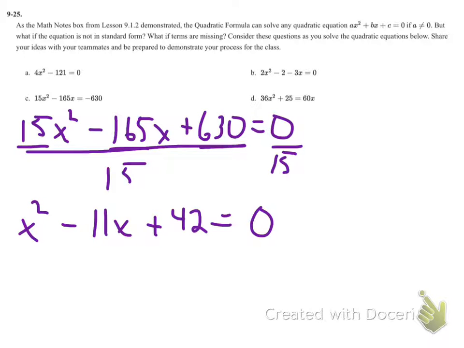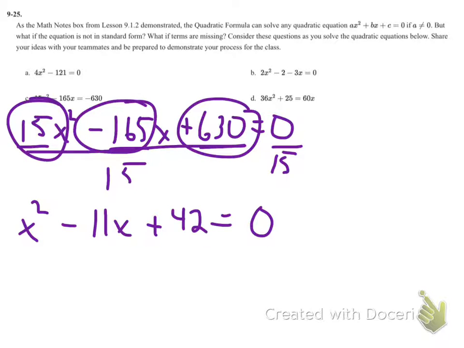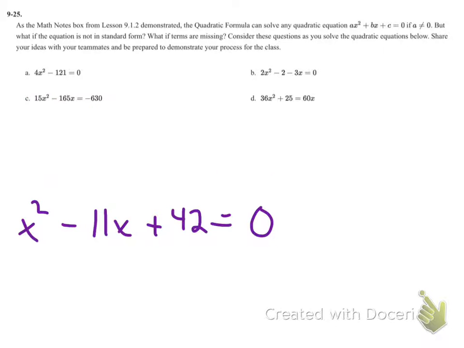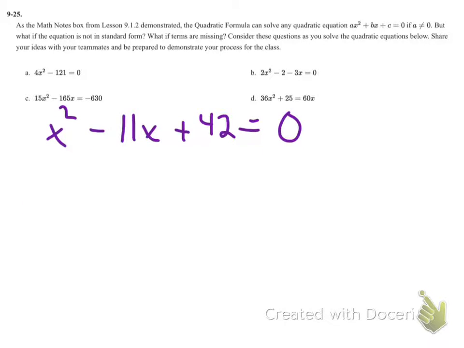Now, you did not have to do that step. I could have used an a value of 15, a b value of negative 165, and a c value of 630, and this problem would still work out to give you the same answers. But this is just going to allow me to use some smaller numbers. So now, if I use this, my a value now, I have 1x squared. My b value is a negative 11.